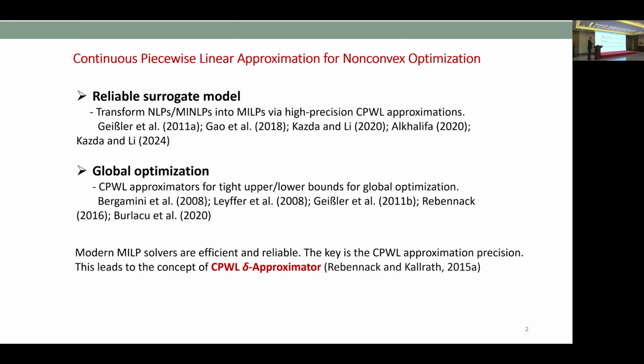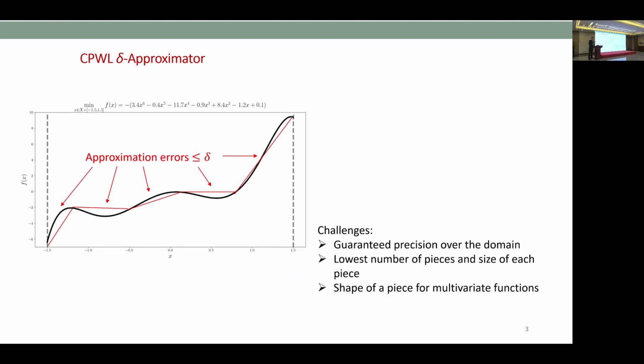This brings the idea of the CPWL Delta-Approximator. So basically, we want to make sure the piecewise linear approximation we generate is precise enough for the given search domain. Not just precise on discrete points, but precise enough over the whole search domain.